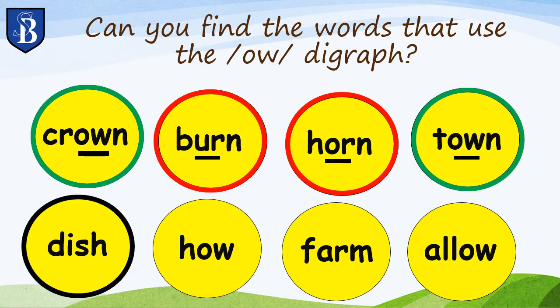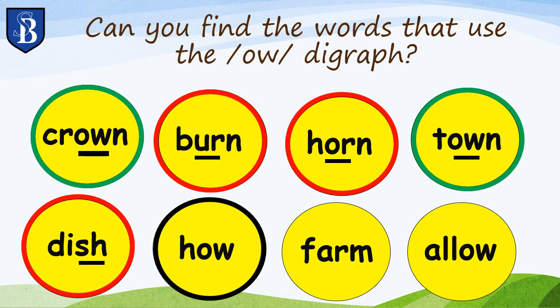How about the fifth circle? It has three sounds and one of them is a digraph, but that's right, it's not the ow digraph. It's the sh digraph. Dish. This circle only has a word with three letters. It has two sounds, a single sound and a digraph. Is it the ow digraph? Yes, it is. Ow, how.